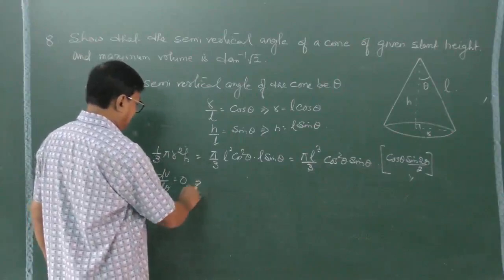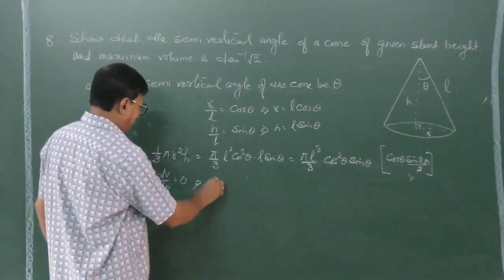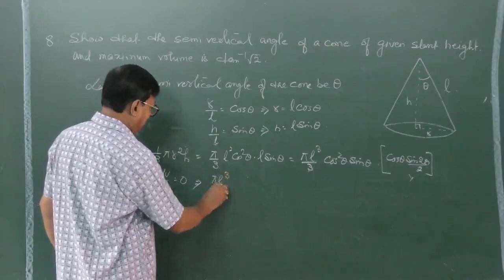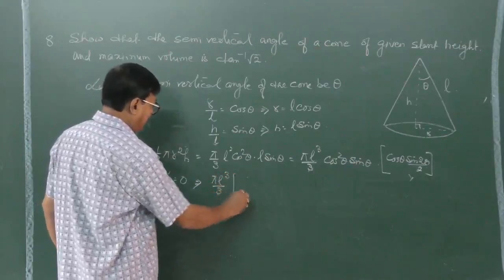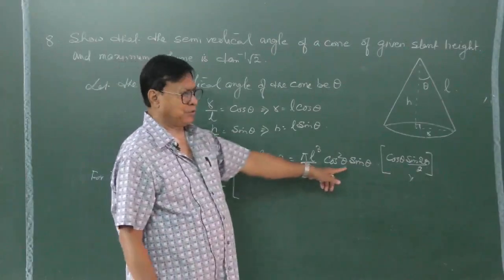So this differentiation, this is a constant, I have taken it out. Now here it is a product of two functions.